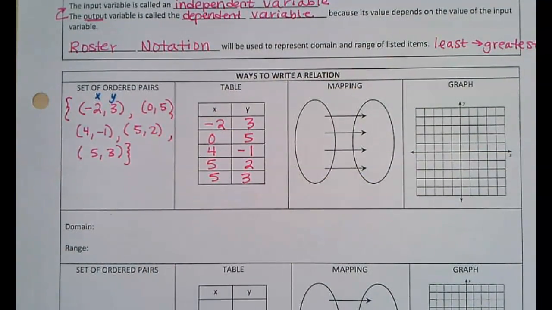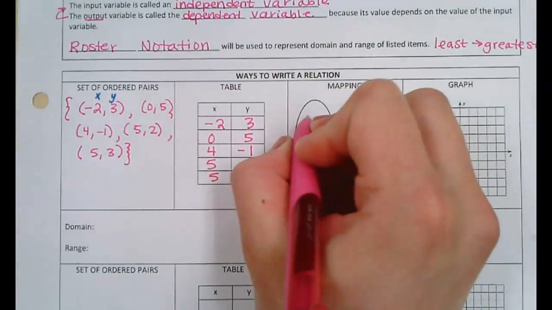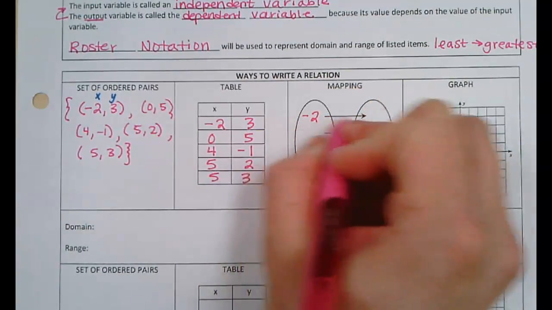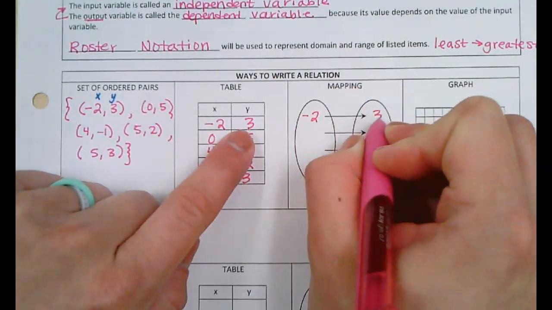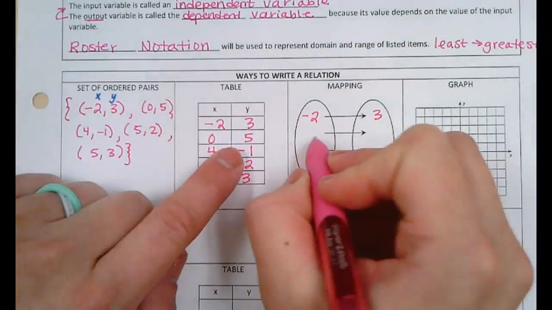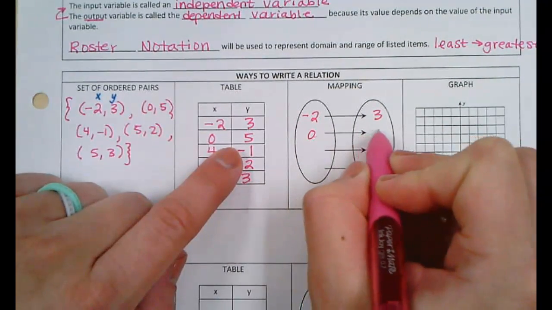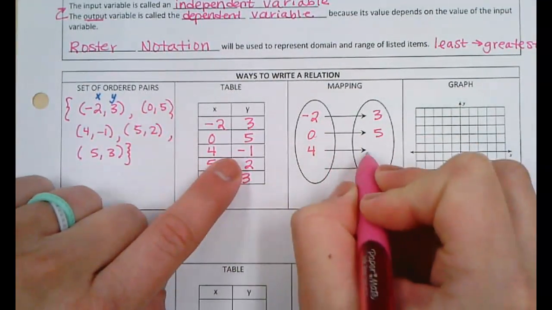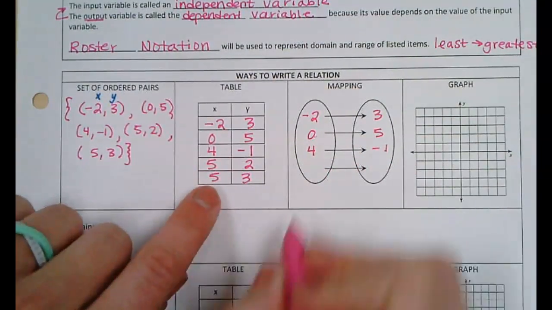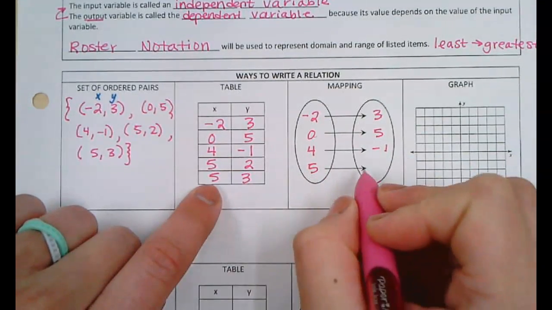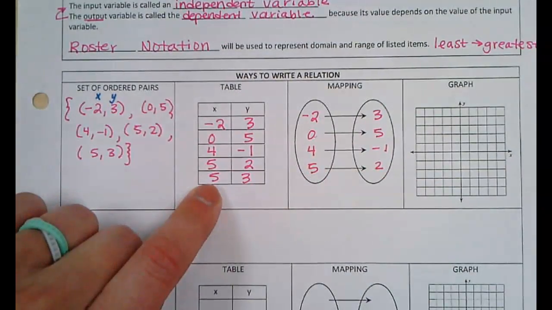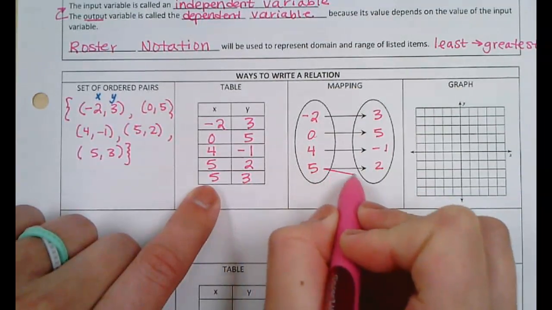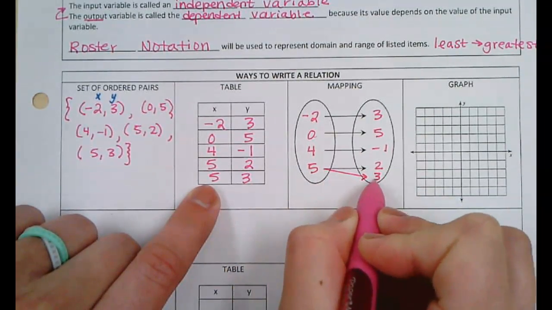Our mapping for this is we're going to list off -2 will map out to +3, 0 maps out to +5, 4 maps out to -1, 5 maps out to 2, and 5 also maps out to the number 3.